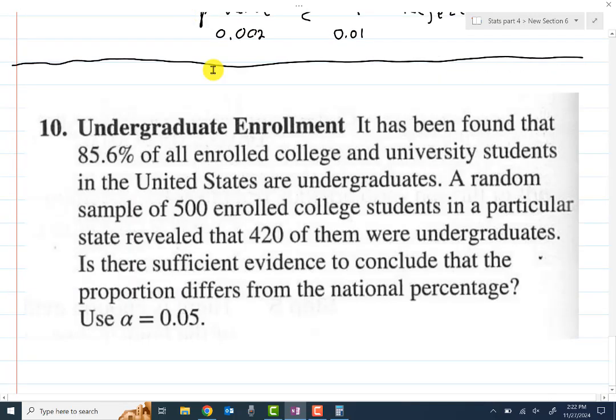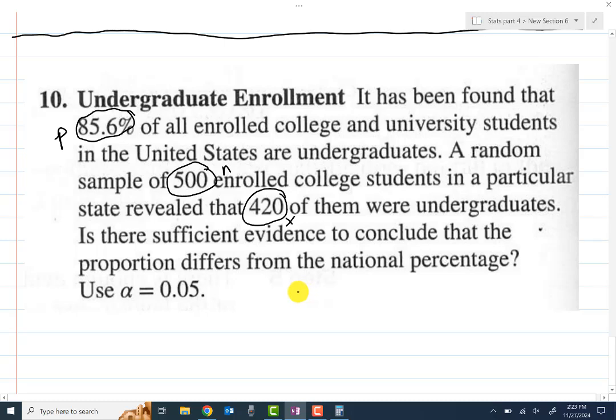Here's a problem dealing with proportions. This is the P that is proposed for the proportion, and we had a random sample of 500 enrolled students in a particular state revealed that 420 of them were undergraduates. So 420 is our X, 500 is our N. Remember, these proportions work under a normal distribution, so we don't have to use the t-distribution for this stuff.